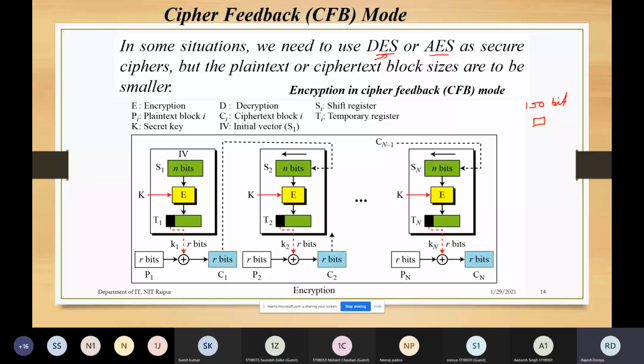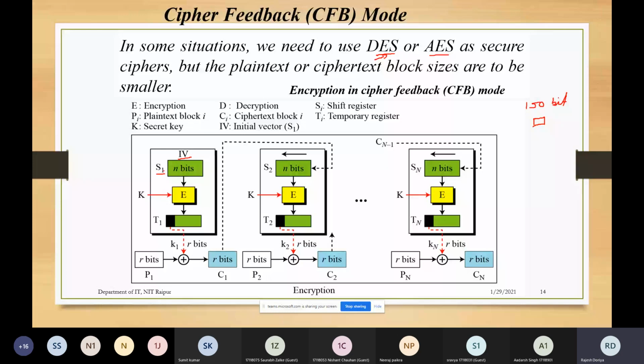Again, if we talk about the process of encryption, this time one shift register named S1 has been taken, and initially it is going to have some initial values called the initial vector. This initial vector is going to be stored in the shift register, which has n bits.